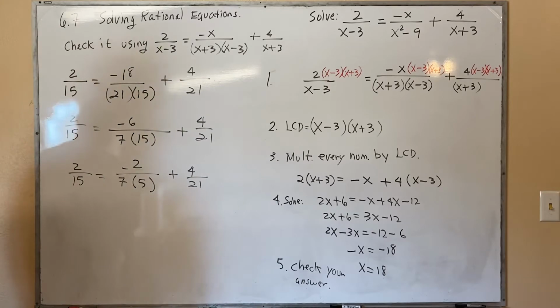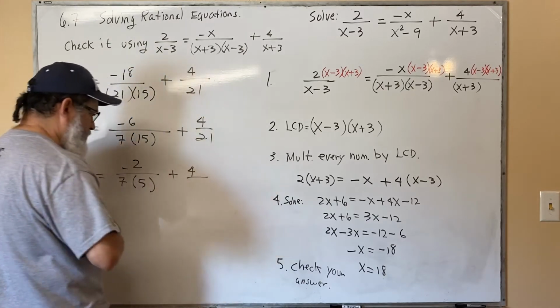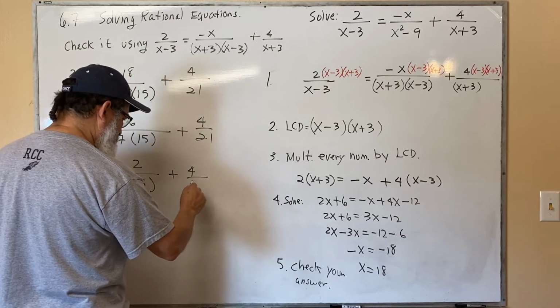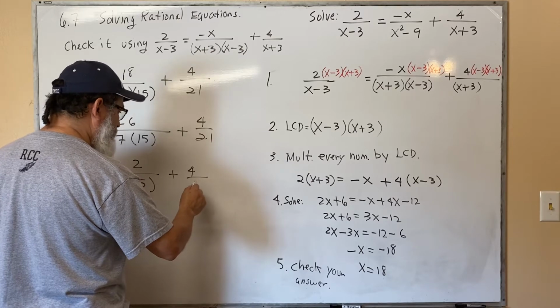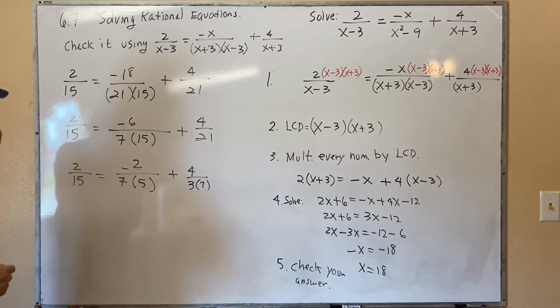All right. Let me just simplify the right-hand side. Okay. So what's the LCD on the right-hand side? By the way, let me factor this one. Three times 7. All right, watch this. Watch what I'm gonna do.